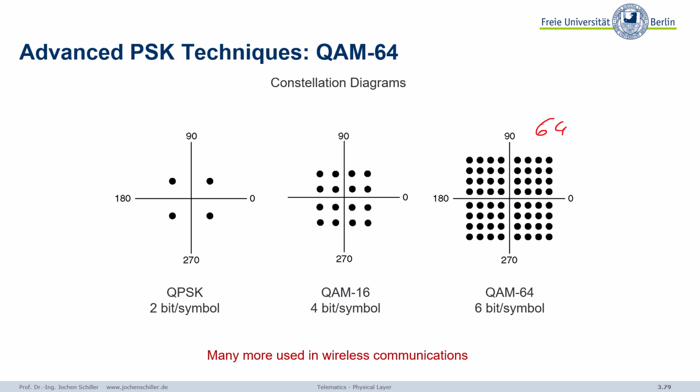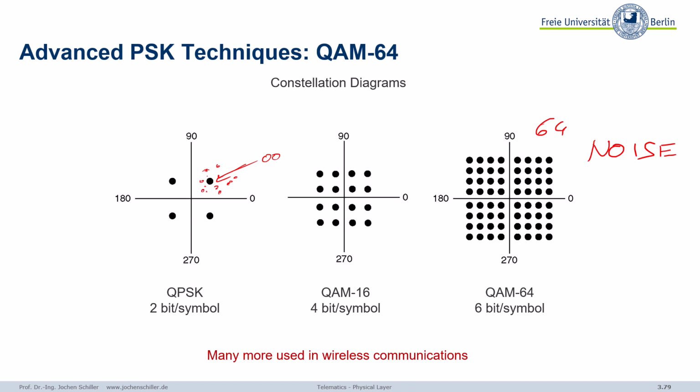But where's the limit here? The problem again is noise. What happens? Look at the first example here. Let's say this here should be the 0, 0, then you transmit 0, 0, there will be noise, and on the receiver side you receive something here.